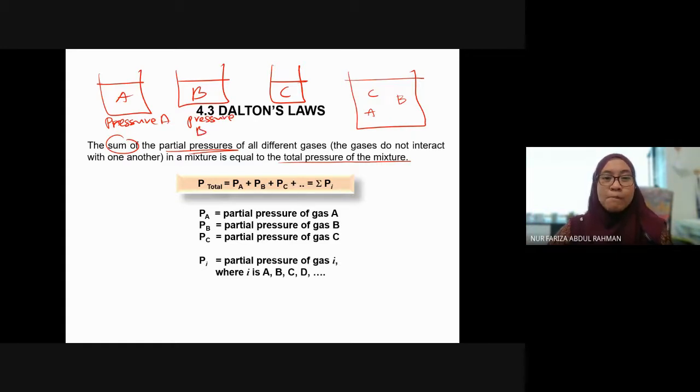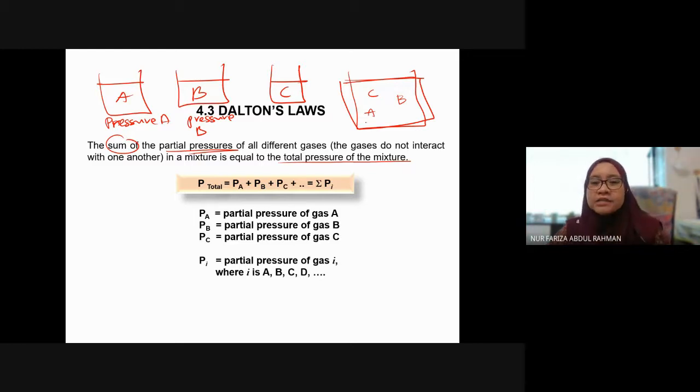When we combine A, B dengan C, dia jadi masuk dekat dalam container yang sama, it is no longer being called pressure. Instead, it is called partial pressure. Itu je term dia dekat situ. But the pressure is still the same individually, kalau they stand alone or when they are in mixture. It's just that the term used is now different.